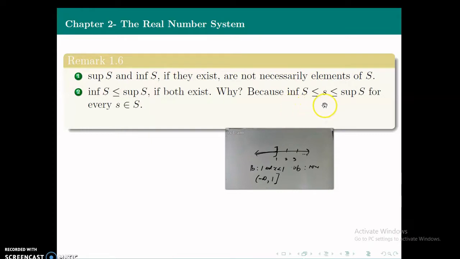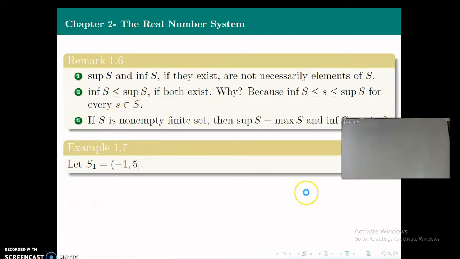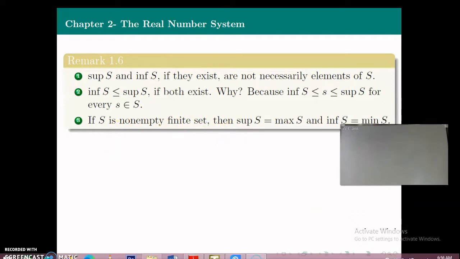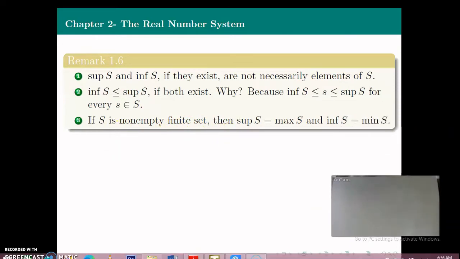Because S is in between the infimum of S and the supremum of S. So S is greater than or equal to the infimum of S, but less than or equal to the supremum of S for any element S in the set. Okay, the third one is, if S is a non-empty finite set, then the supremum of S is equal to the maximum of S, and the infimum of S is equal to the minimum of S.